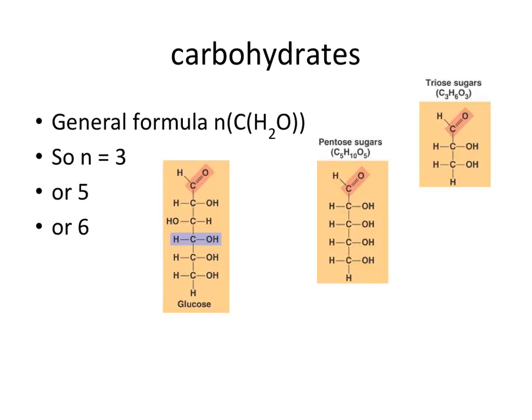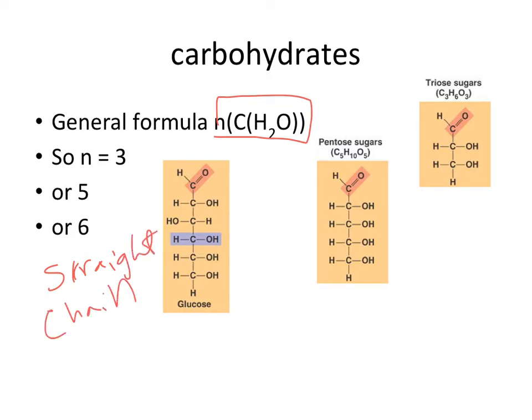All right, you have built this in class. So again, CnH2nOn, this is the basic formula. This is glucose, which we looked at. So this is a straight chain, right? You may remember that that is unstable.